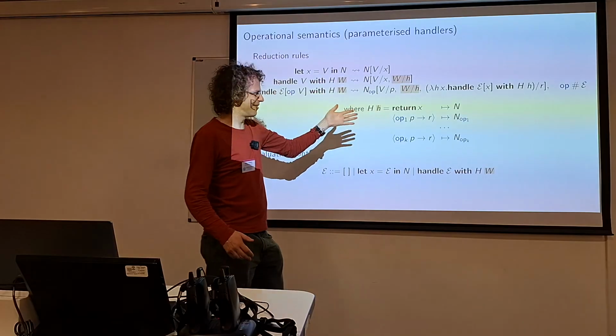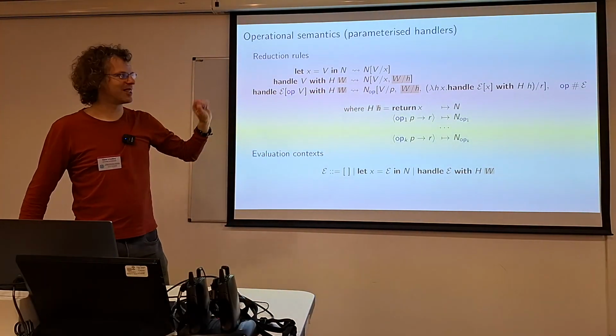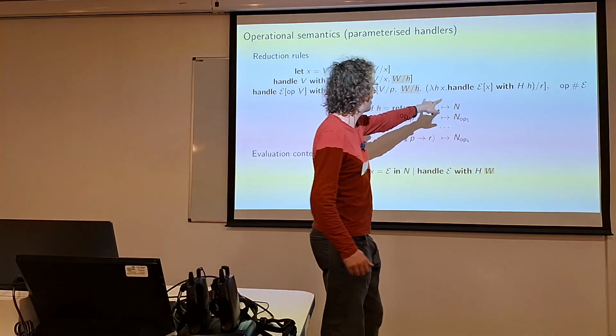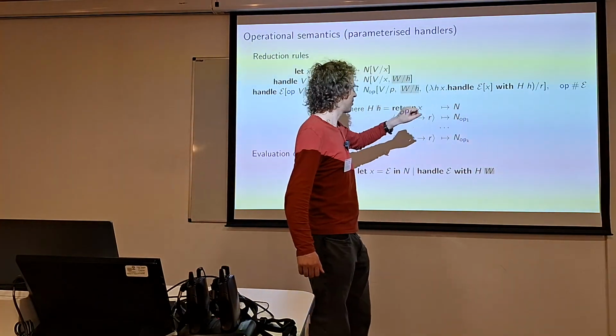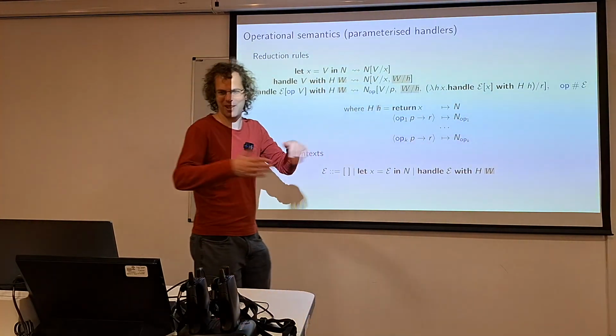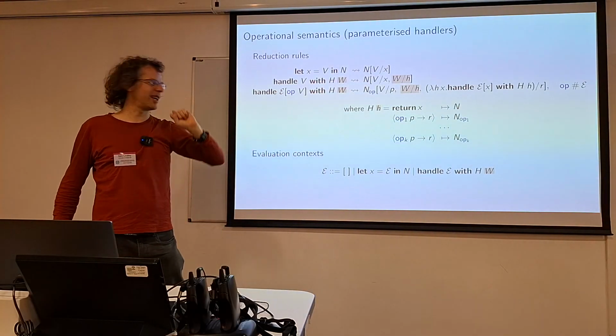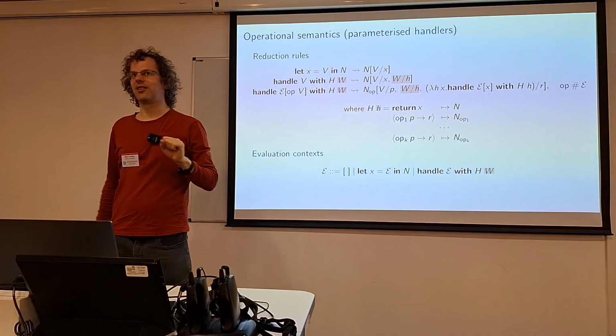And this is what distinguishes a deep handler from a shallow handler. The fact that we do this rewrapping here means that if we come across any other instances of op, then they're handled in the same way.